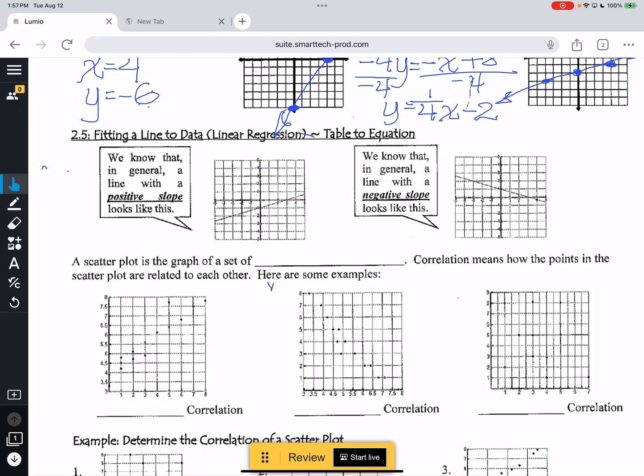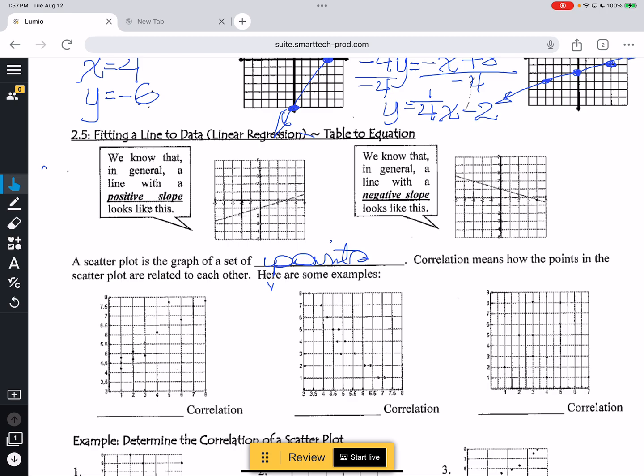And so we have what we call a scatter plot. And a scatter plot is just a graph of a set of points. And the correlation means how the points in the scatter plot are related to each other. And so, do you see, while in this first example, they don't form a straight line, but they kind of form the thoughts of a positive line?